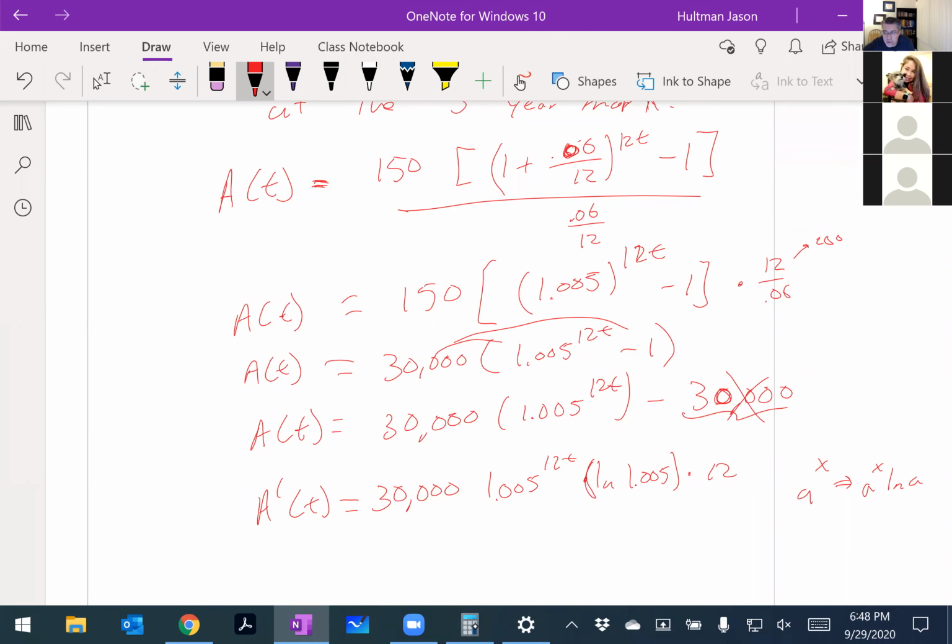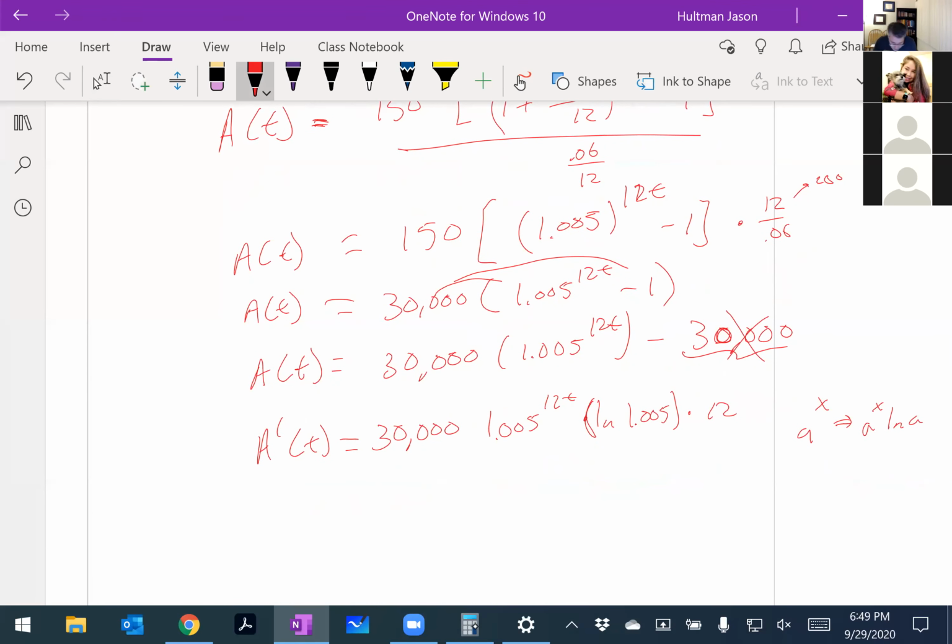Yeah, that 12 came from the exponent, from the chain rule, right? It's the derivative of u. The derivative of 12t here is 12.